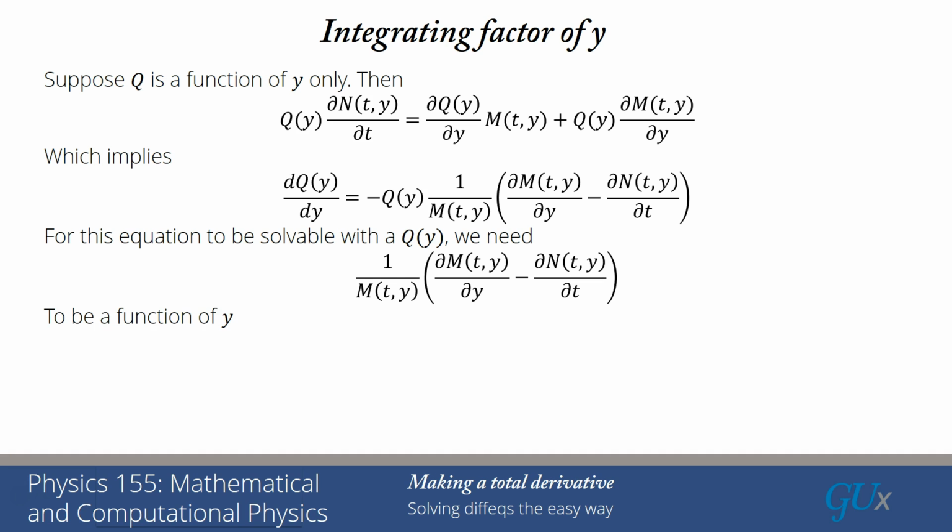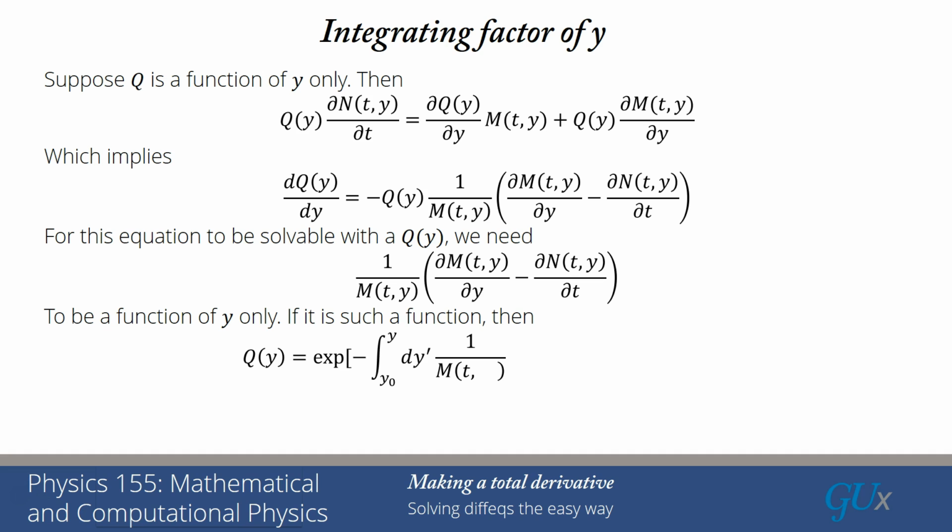And if that's true, then all we have to do is integrate it and take the exponential, and we get the integrating factor. Now, the only thing that you have to recognize that is the difference from what we did before is this exponential has a minus sign in the exponent, and it's a 1 over m rather than a 1 over n. So those are the two things that you have to remember in working out when the integrating factor is a function of t or the integrating factor is a function of y.